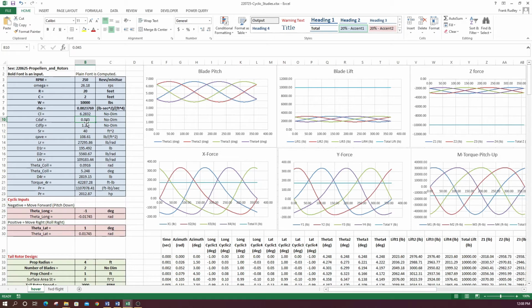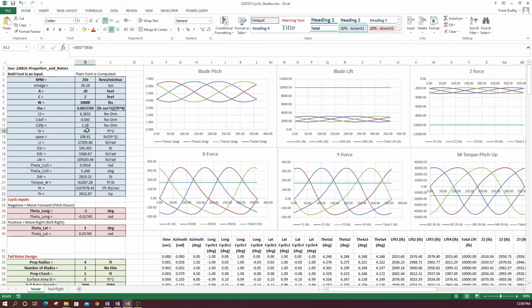This is our coefficient of drag for an airfoil that I got out of a handbook, and this is a coefficient of drag for a flat plate going into the air. These are pretty much fixed. Plain items are either computed or fixed and we don't normally vary them, but you could vary these if you found a better number for drag coefficients.